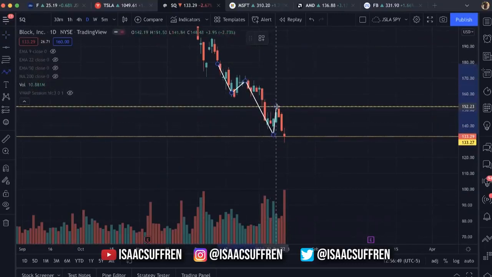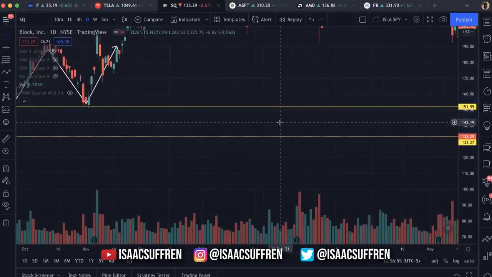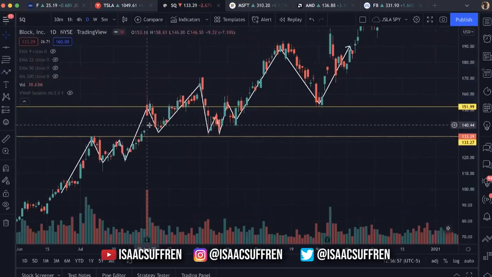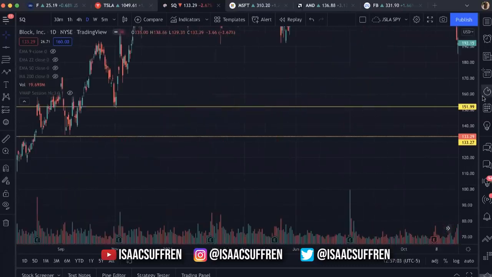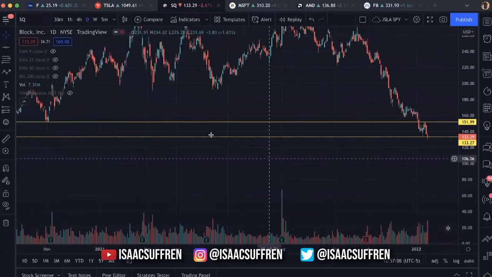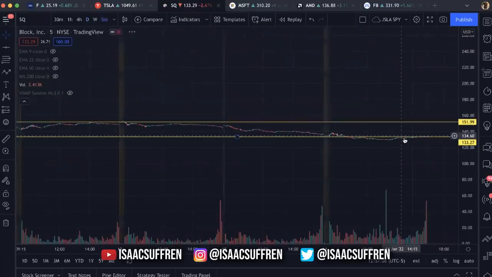And mind you, this is January 2022. Back here is July, August, and September of 2020, so that's a 2-year difference. You can see how important these levels are. So you always want to make sure you get these levels. All right, so we're going to move back down to the 5-minute.